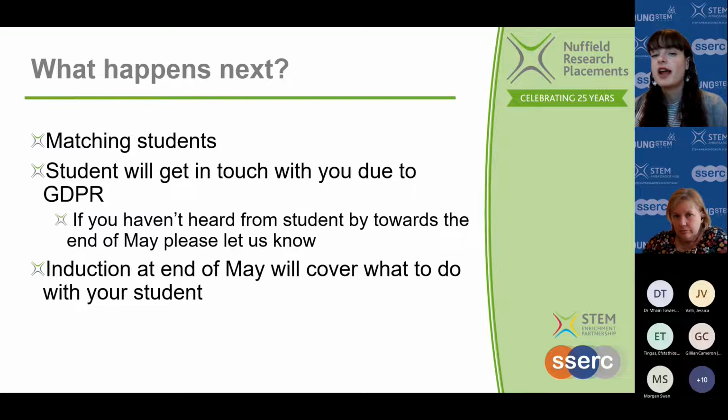If you haven't heard anything from the student by a couple of weeks after we've approved the match, then let us know and we'll give them another nudge to get in contact with you. It's exam time for these students and they all come from quite deprived backgrounds and schools, so they've got lots of other things going on, so they might take a wee while to get in contact, but they are definitely really keen, and we'll just give them another nudge.